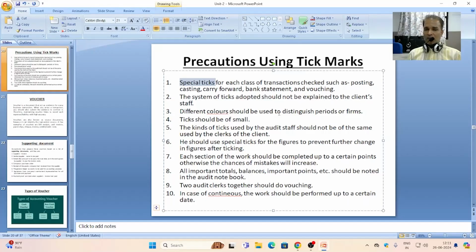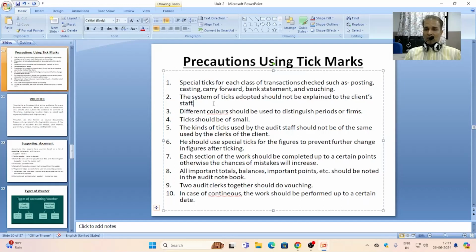If the auditor uses special ticks for the different classes of transactions, then he can easily find out what type of work he has done and up to which part he has done the audit assignment.